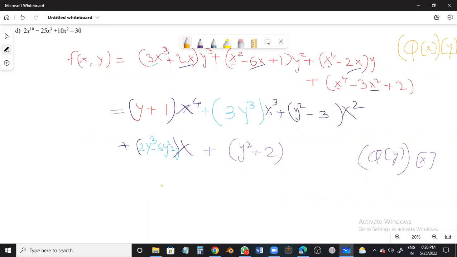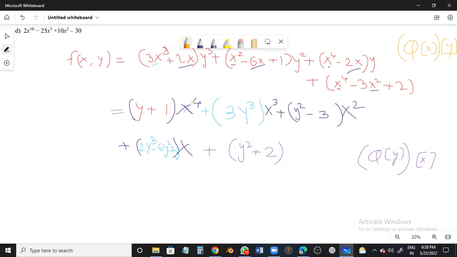Is the point clear to you or not? Okay. I would like to repeat the thing for you. The polynomial is given in terms of x and y, but while giving, you see the coefficients, all the brackets, they contain polynomials in x multiplied by either y cube or y square or y or a constant.